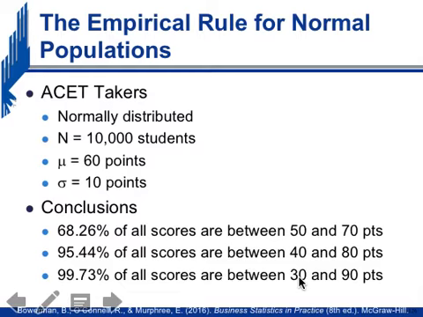Finally, the interval 3 standard deviations from the mean is 30 to 90. So 99.73% of all the ASET takers, or around 9,973, have scores between 30 and 90. So that's how we interpret the empirical rule.